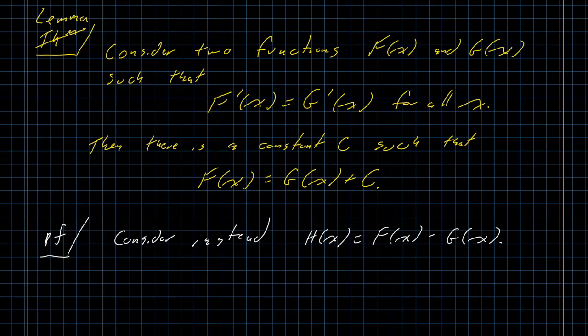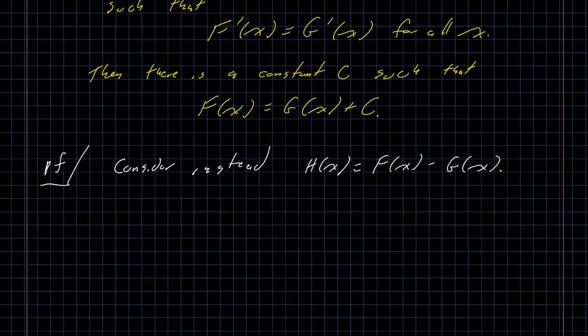And it turns out that in order to prove this, we don't want to try to look at these functions individually. Instead, we want to look at the difference of the two functions, f of x minus g of x.